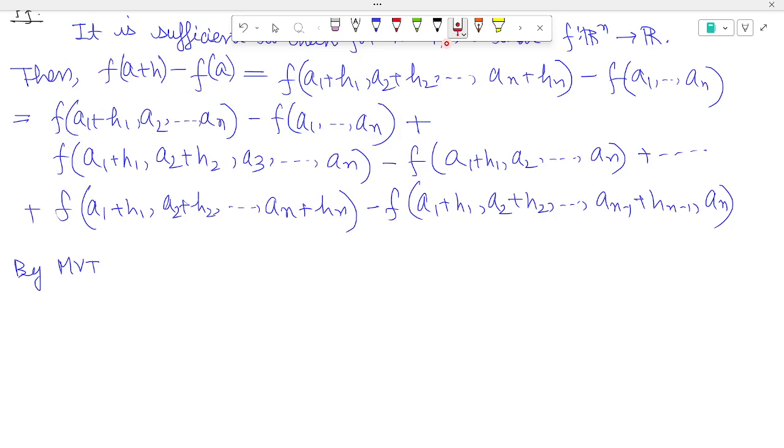What is the mean value theorem? Okay, I am writing. What is this thing? It is A2.